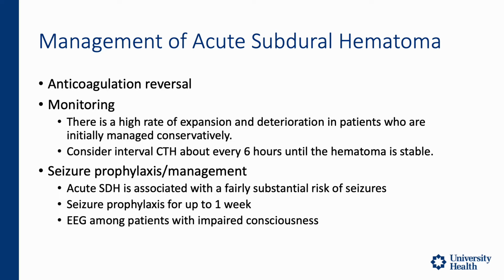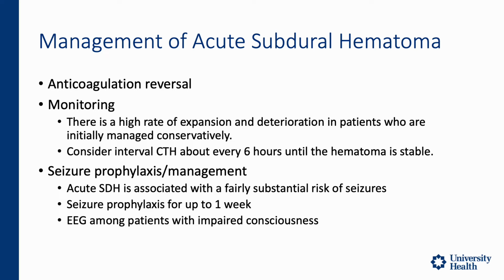You're making sure that you keep the patient awake, avoiding any type of opioids that might further make their neurological exam a little bit more difficult to examine. Interval CT heads about every 6 hours until the hematoma is stable and it's not enlarging in these patients, making sure that you also take care of any electrolyte derangements like the sodium, keep them salty.